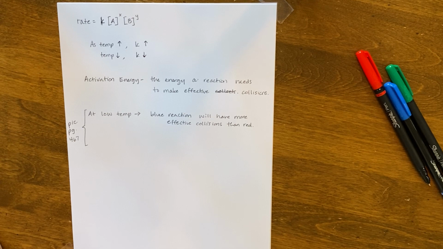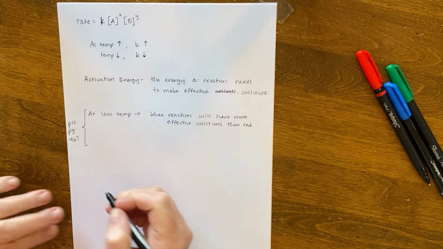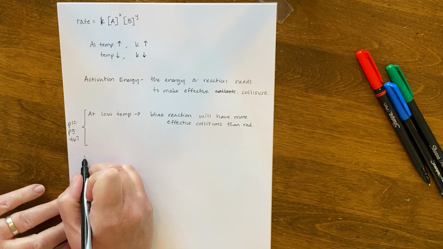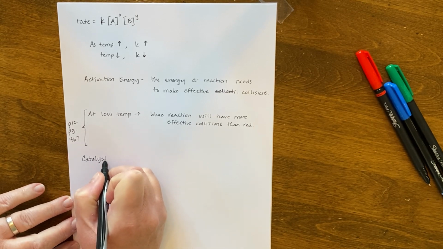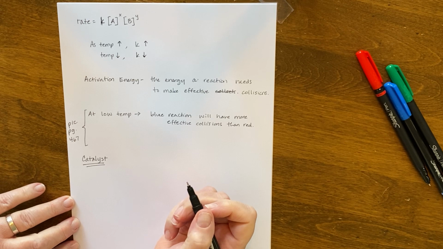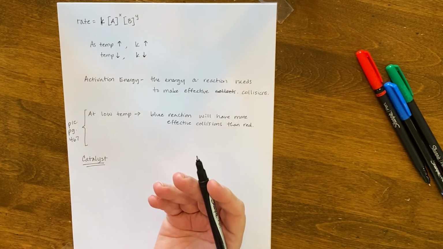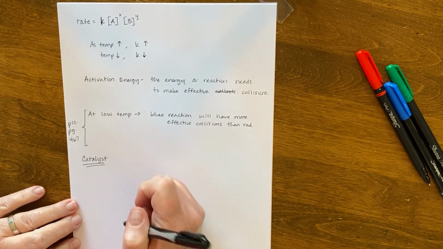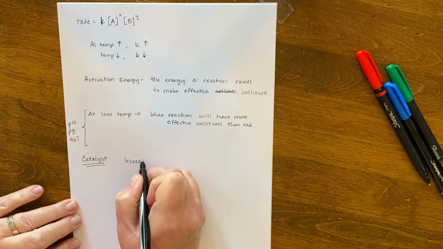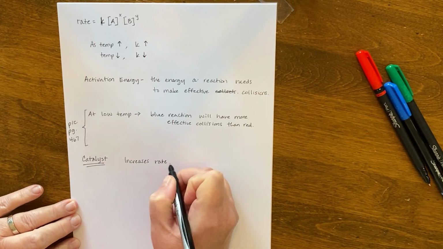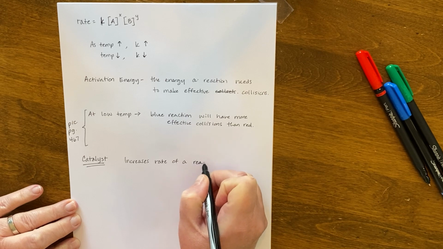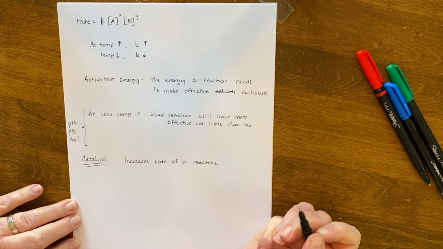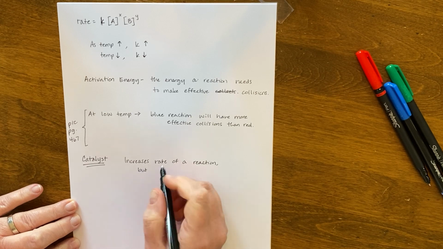Okay, another thing that we're going to talk about in this chapter is catalysts. So what is a catalyst? A catalyst is a way to speed up a chemical reaction. So another way to speed it up is to add a catalyst to it. The catalyst increases the rate of a reaction, but it doesn't get used up in the reaction.